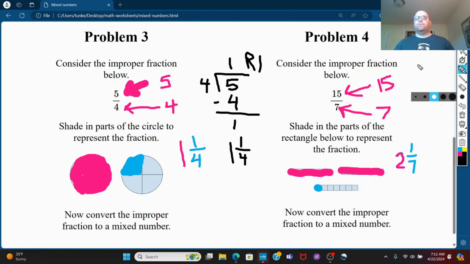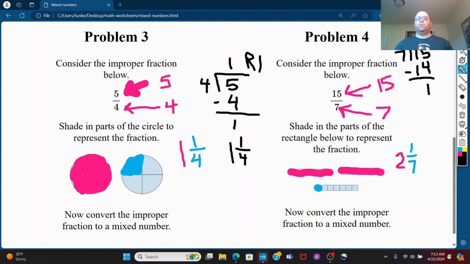We could also do the method where I use some division here. So we can do 15 divided by 7. 7 goes into 15 twice. And let me try that 2 again. That didn't work out so well. There we go. It goes in twice. 2 times 7 is 14. 15 minus 14 is 1, so we have a remainder of 1.